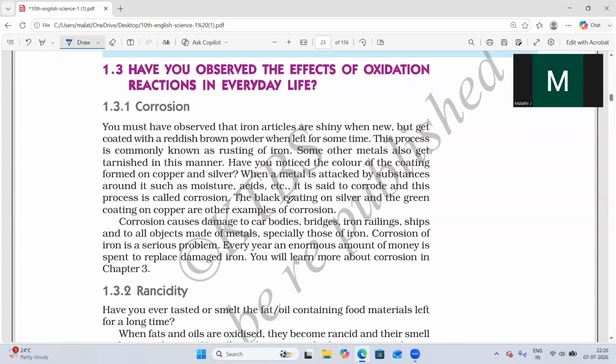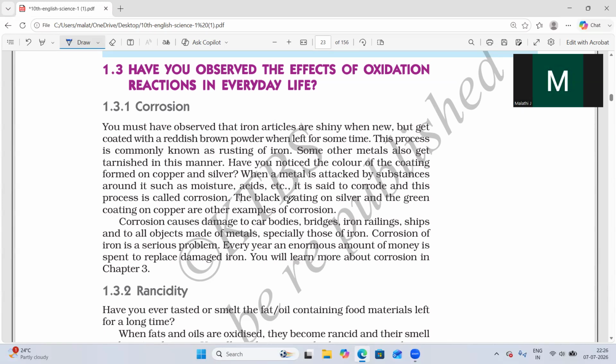What will happen after 4 or 5 days? You have to observe whether the color of the iron is the same or whether any changes have occurred. The color may change, and above the iron you may see some salts, which is called rust.